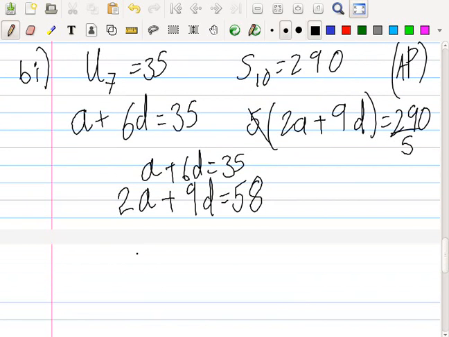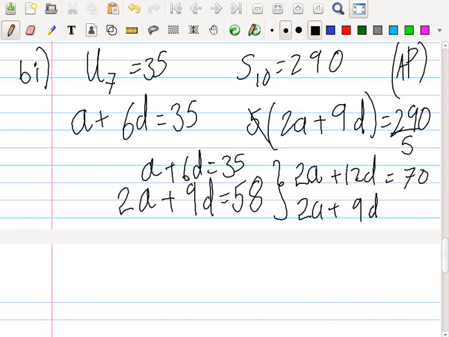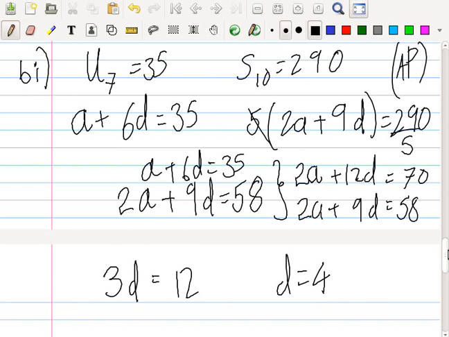So we get 2a plus 12d equals 70. And then 2a plus 9d equals 58. And then what will I do with these? I'll subtract them, yeah. So I get 3d equals 12, so d equals 4.